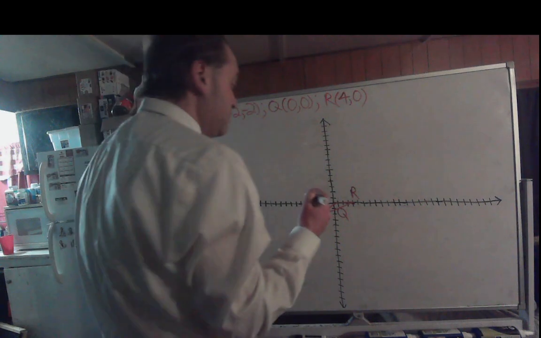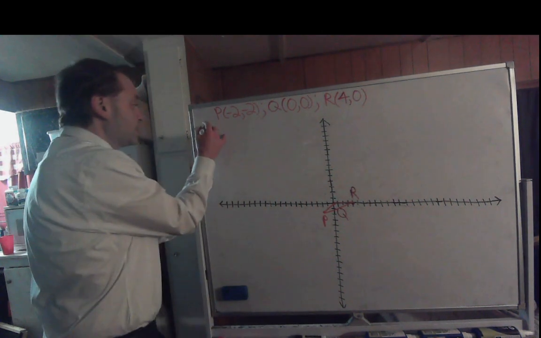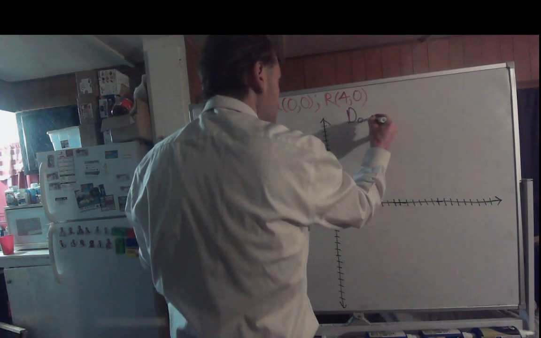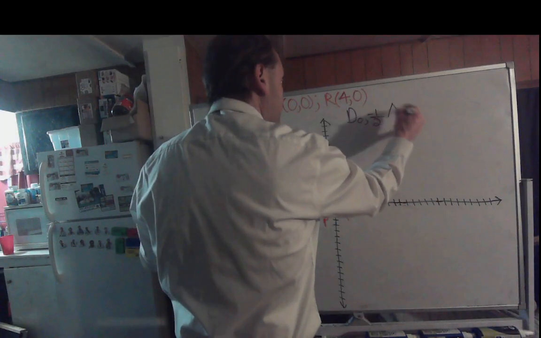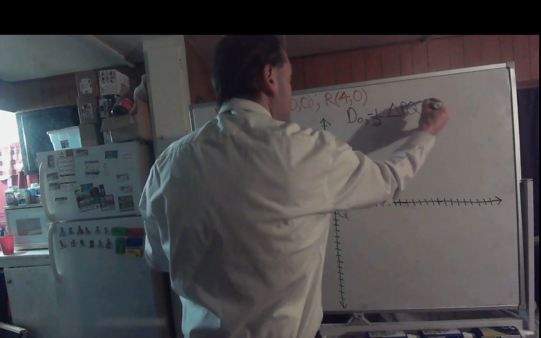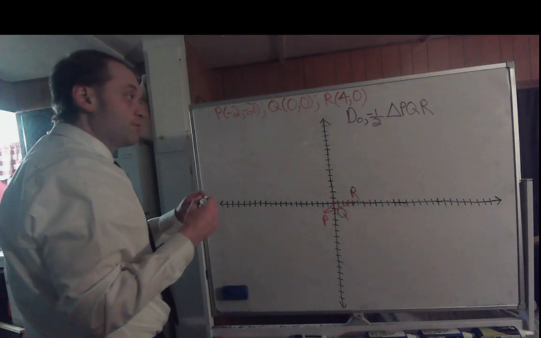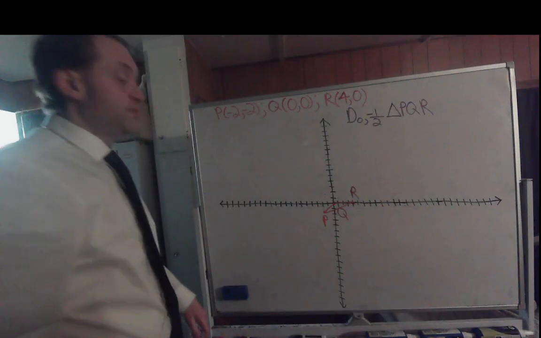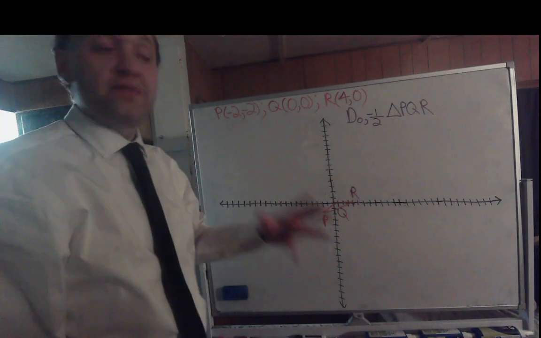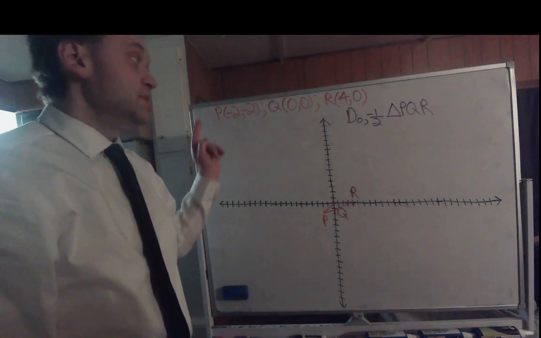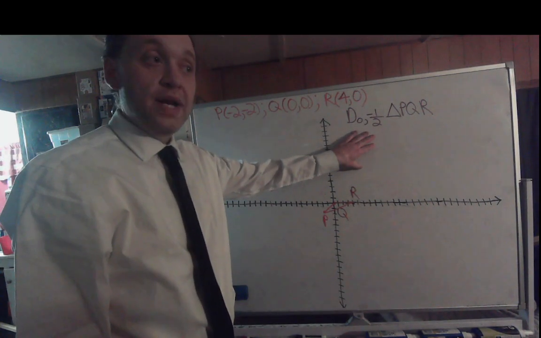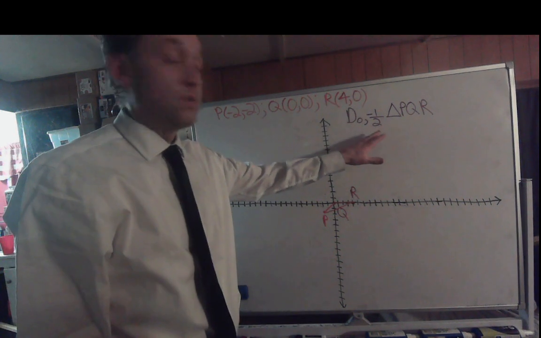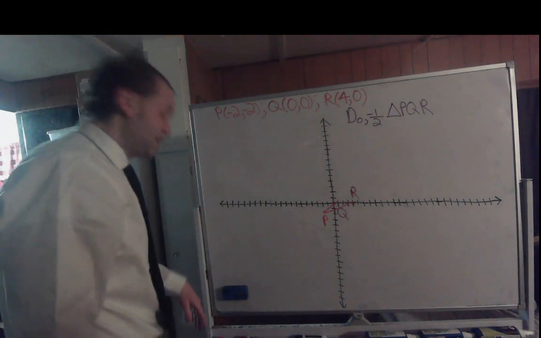They want us to do a dilation through the origin at each of these points with a scale factor of -1/2 for triangle PQR to get triangle P prime Q prime R prime. So first look at the negative sign, which means we definitely have a reflection. Next, look at the scale factor itself. The absolute value of -1/2 is 1/2, which is less than 1, which means you actually have a contraction.